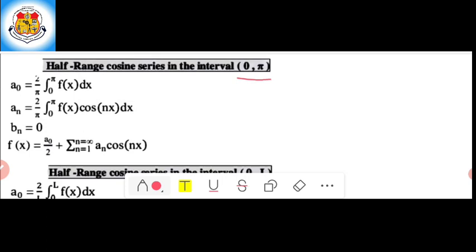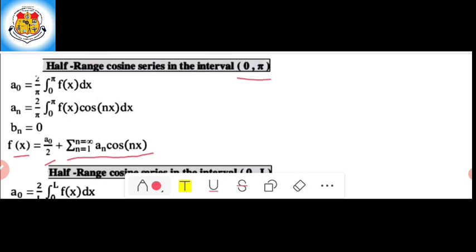The half-range Fourier series is represented by f of x is equal to a0 by 2 plus summation n runs from 1 to infinity an into cos nx.